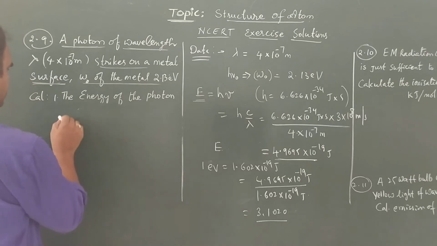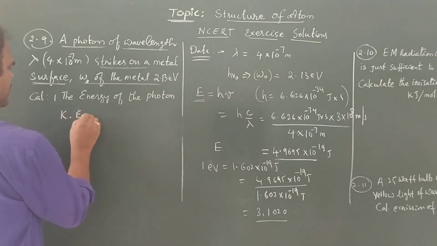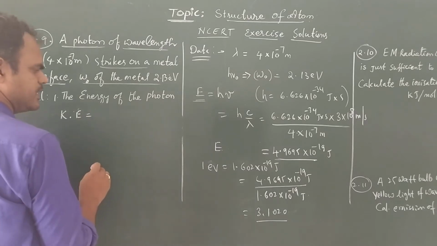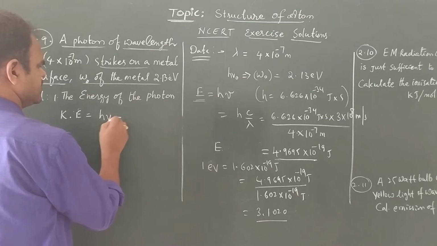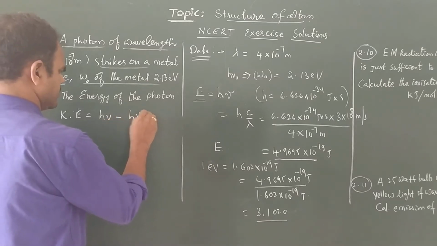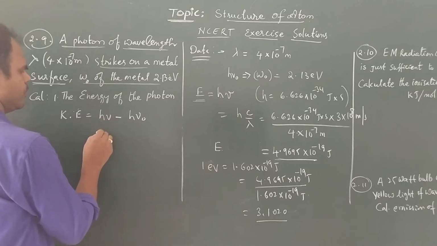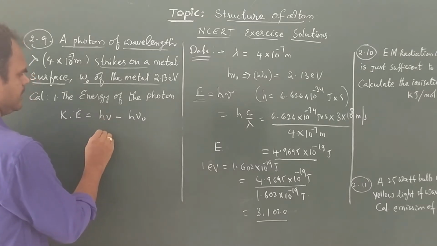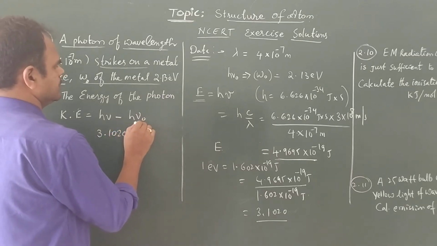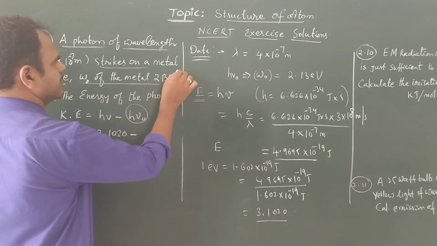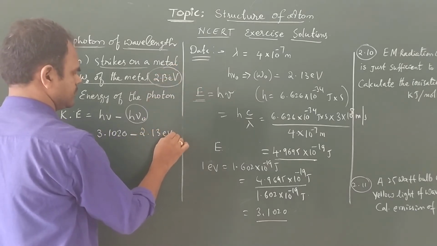Kinetic energy is equal to h nu minus h nu naught, the photon energy minus the work function. h nu is 3.1020 minus h nu naught, the work function given in the question as 2.13 electron volts.